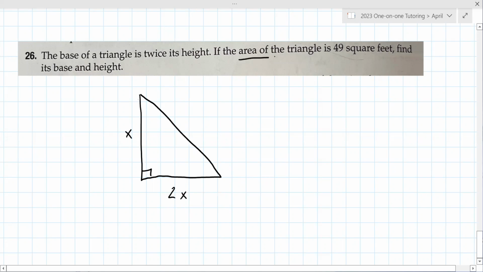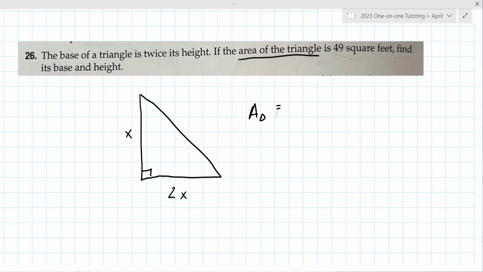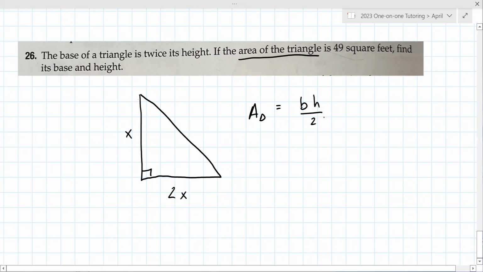The other thing is you got to remember all the area formulas. You remember the area of a triangle formula from class? Base times height divided by 2. You got it. So 49 equals base 2x times height x divided by 2.